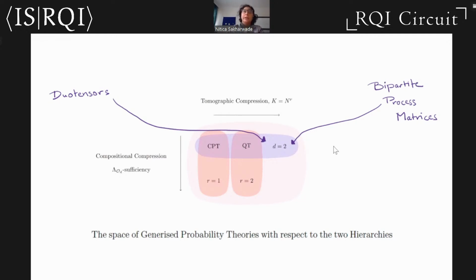And this is something that we are still figuring out, if this hierarchy can help give us one of the physical principles towards that.